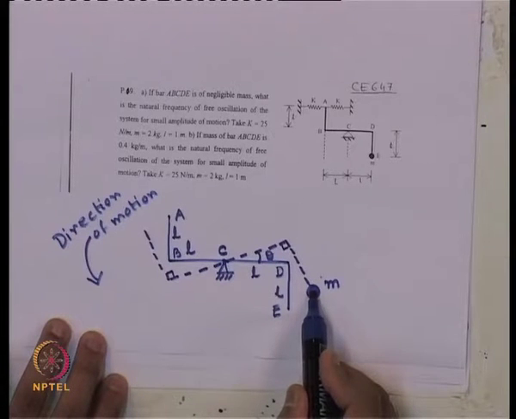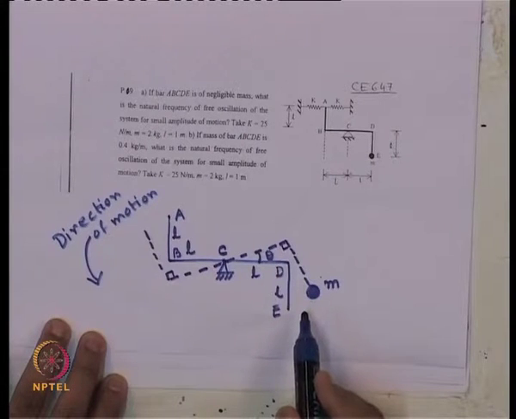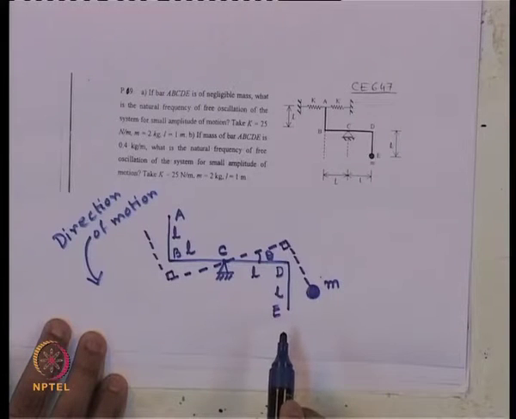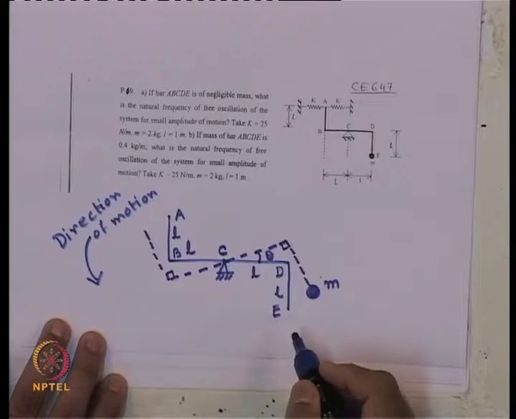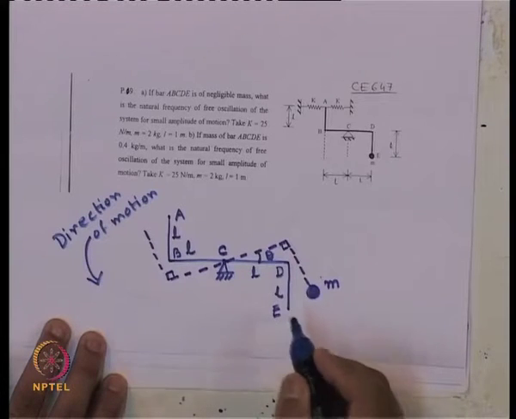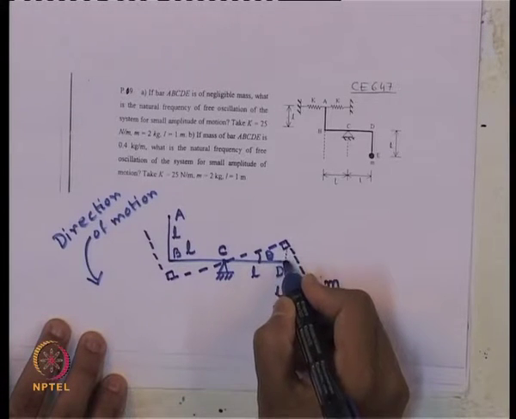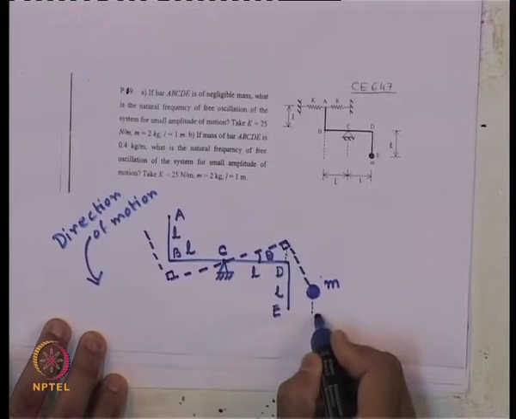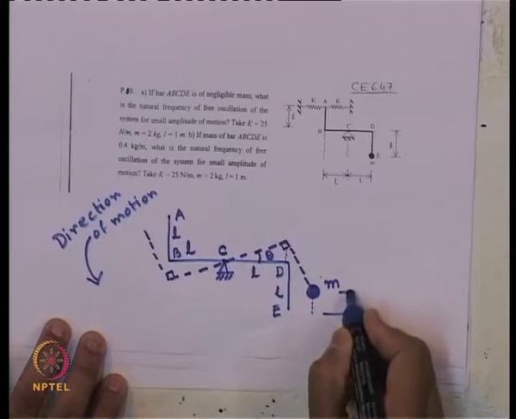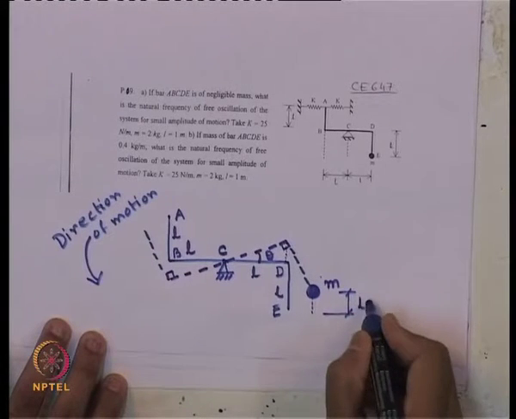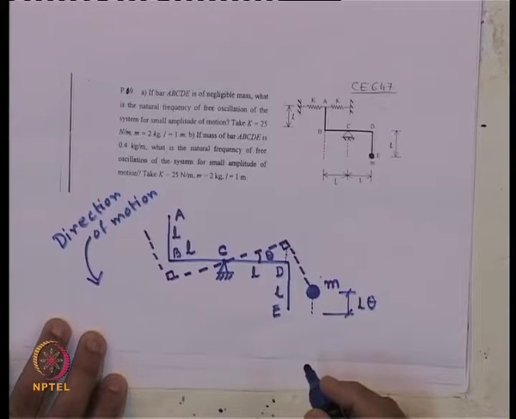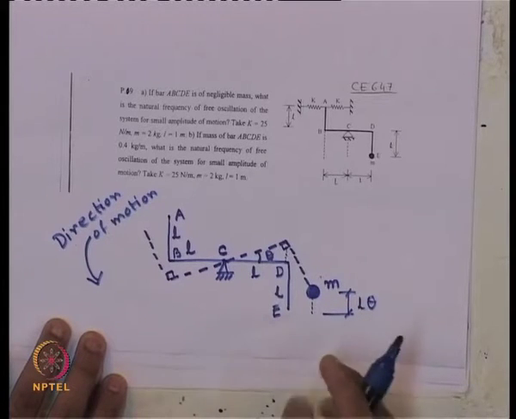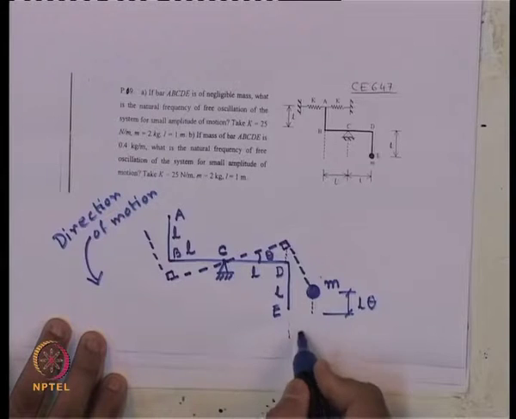Now, this mass has displaced both horizontally as well as vertically. How much has it been displaced? This is its vertical displacement, this much it has moved up. So, how much is the magnitude? This will be L theta for small theta. And how much has it moved horizontally?